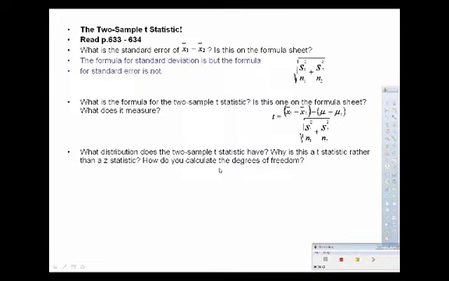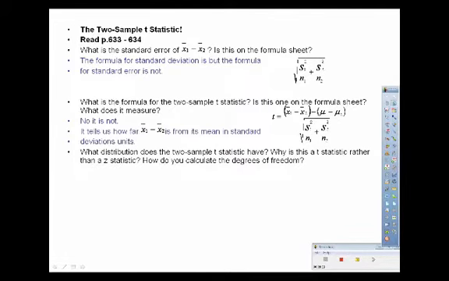And is this one on the formula sheet? It's not on the formula sheet. The formula for the standard deviation of the statistic is on there, but this formula is not.